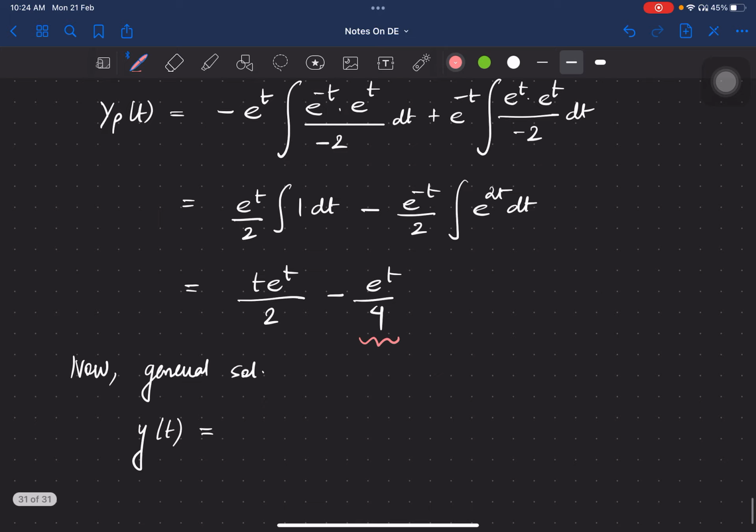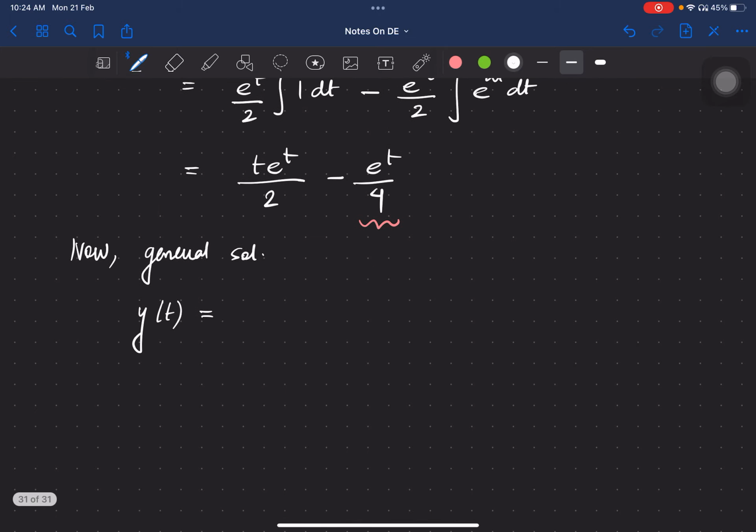So we can write the general solution as c1 e power t plus c2 e power minus t plus t e power t by 2 only, because we can accumulate this constant, 1 minus 1 by 4, into c1 and rewrite c1 as a new c1. That is not a problem. So this is our general solution.